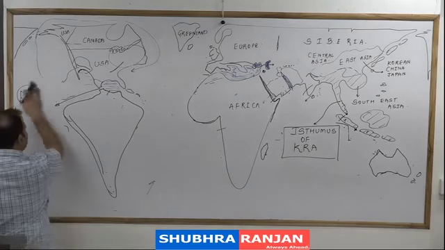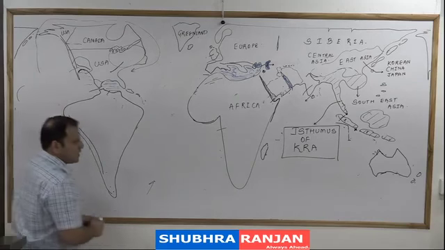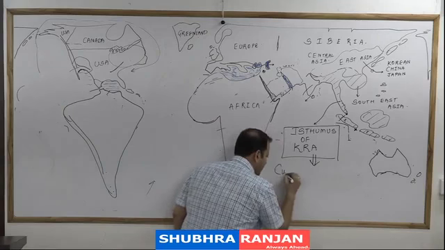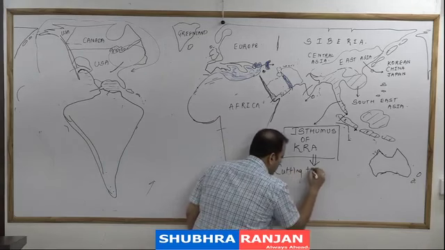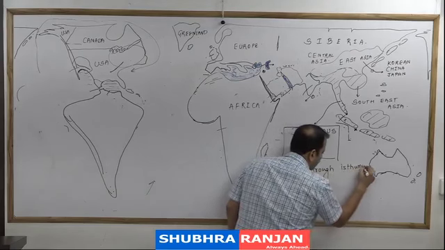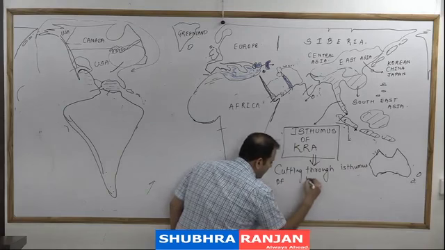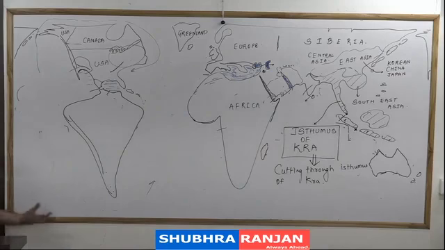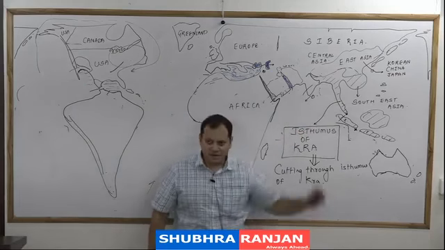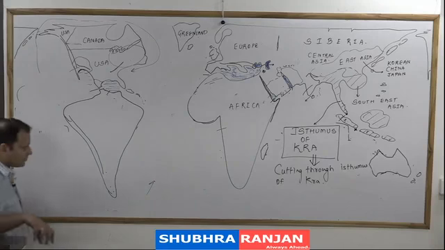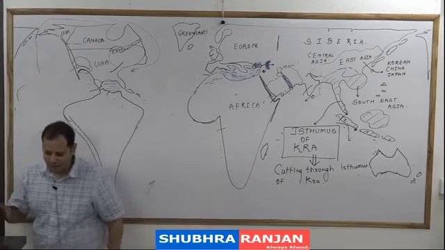The second such isthmus which is proposed is here, cutting through the Isthmus of Kra, to reduce the pressure on the Strait of Malacca.